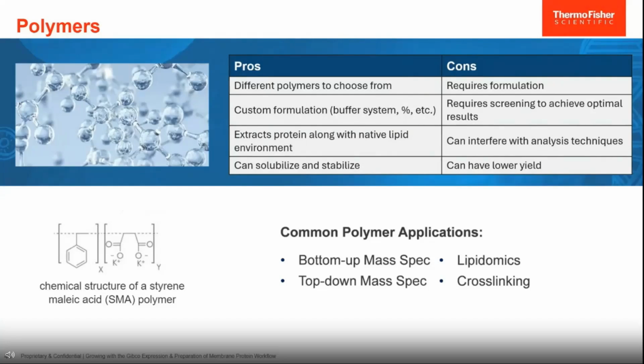But a key difference is that with polymers, you're able to extract the native lipids along with your membrane protein. However, due to its nature, a polymer might result in overall lower yields and might possibly interfere with your downstream applications. Common applications with polymers include bottom-up mass spectrometry, top-down mass spectrometry, lipidomics, and cross-linking.